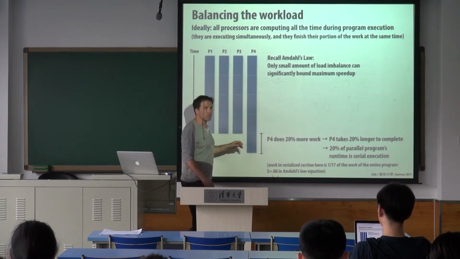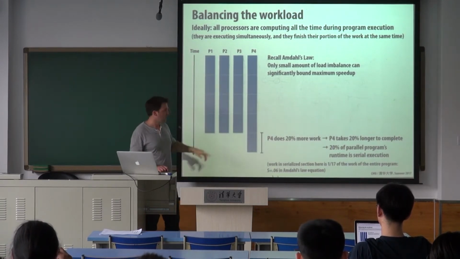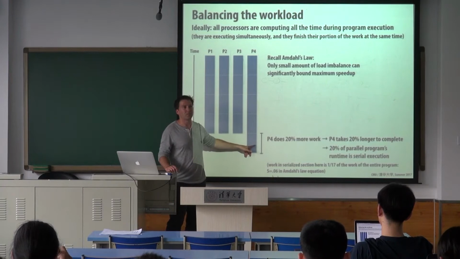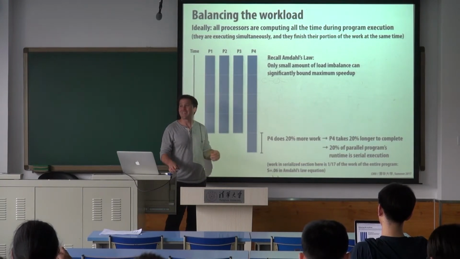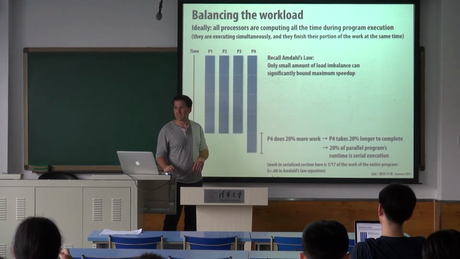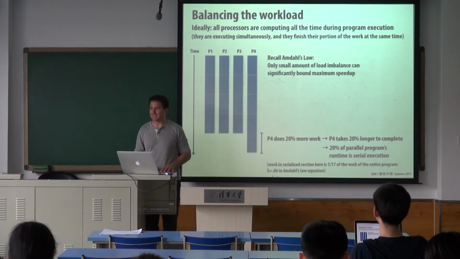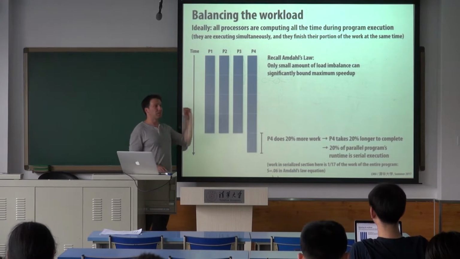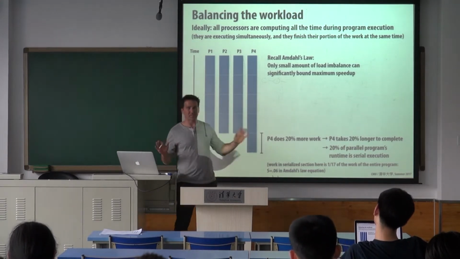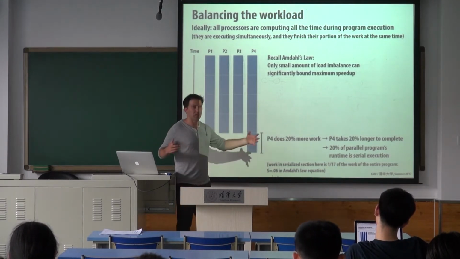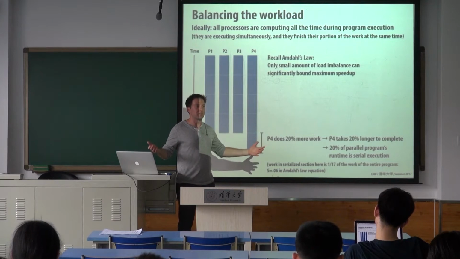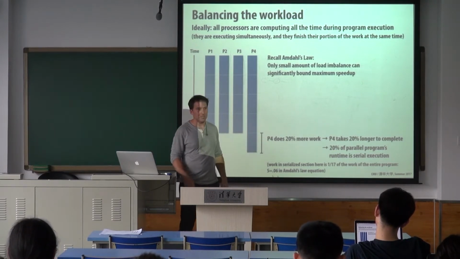So if processor 1, 2, and 3 have nothing to do, that means that this part of the program is like a sequential program. And if it's like a sequential program, remember the graph from last time. I said that if 1% of your program is sequential, if you have a computer with a lot of cores, you can't get a very good speed up.